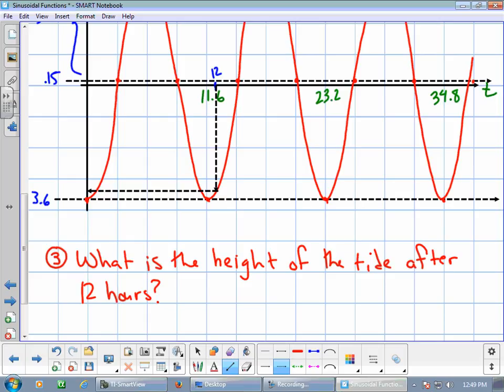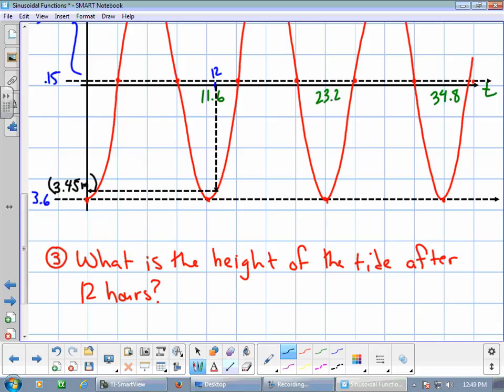Any guesses on what y value that is? 3.5, 3.4, 3.58. Okay. How about if I go 3.45 meters? Approximately.